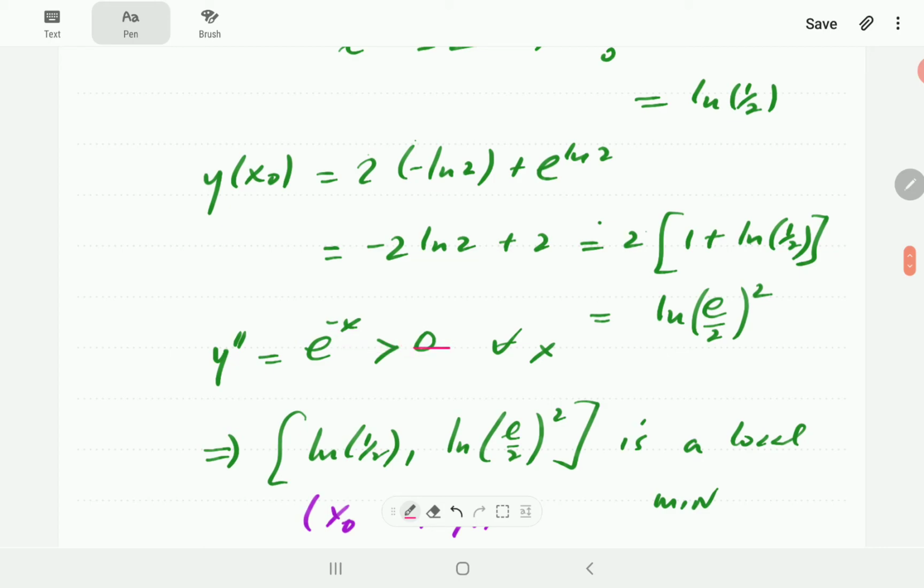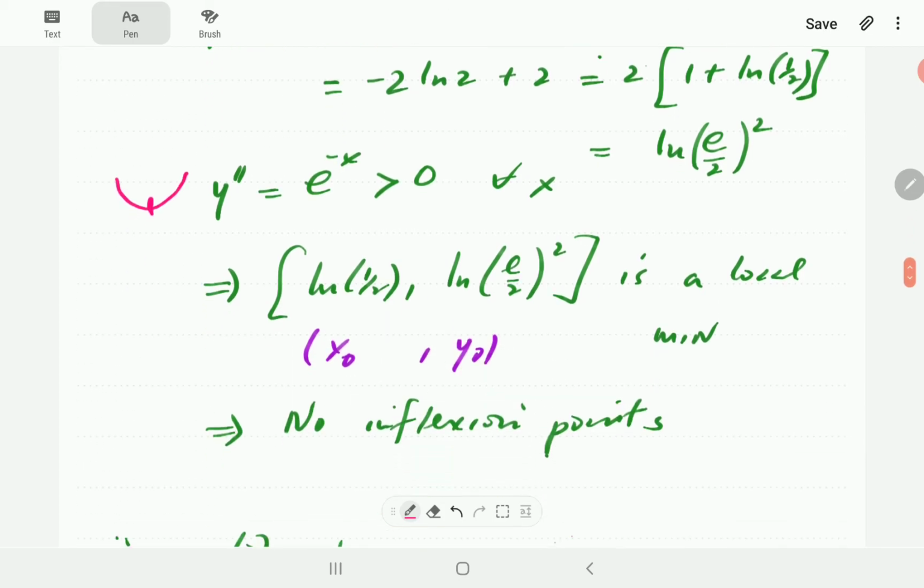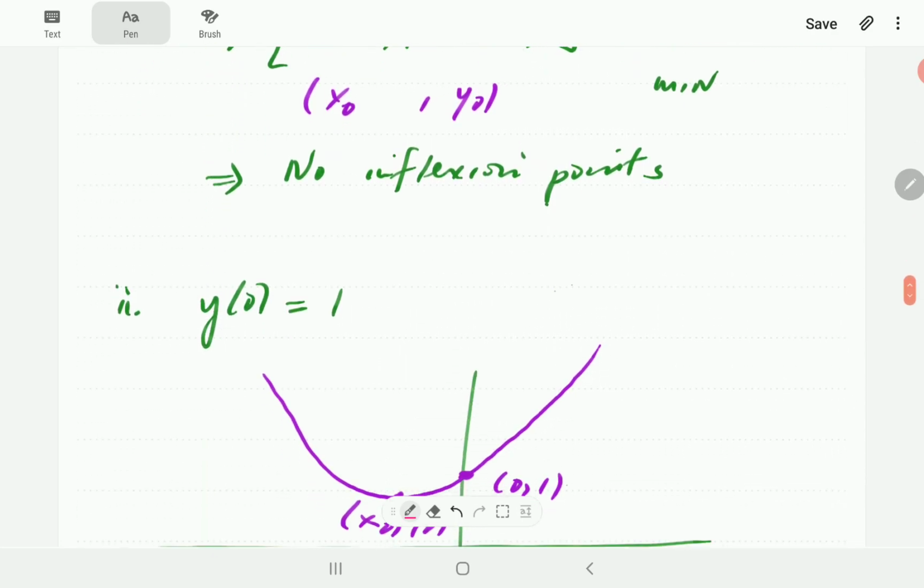This is always positive, so that means this can only be a local minimum, because positive means that the graph is always concave up. So we have one local minimum. In fact, it's going to be a global minimum as well, or an absolute minimum. There are not going to be any inflection points because this does not vanish at any point.